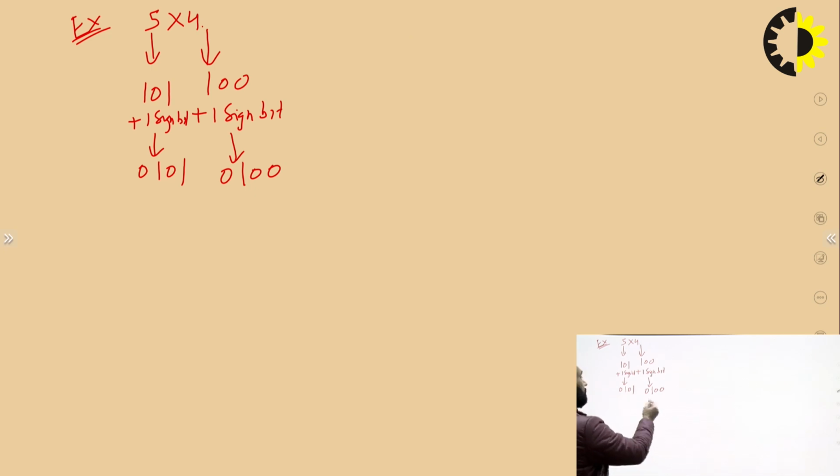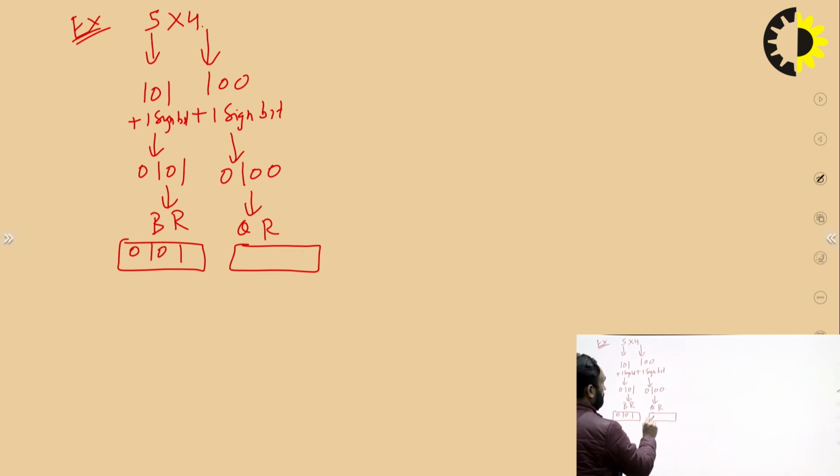Now store these values into register QR and BR like this. Now take an empty register, that is AC or AR, of the same size.